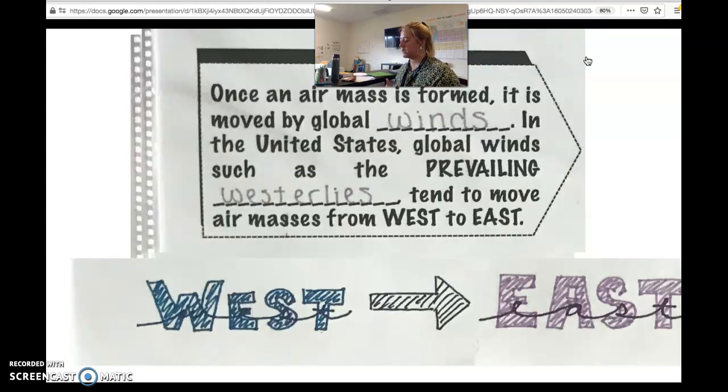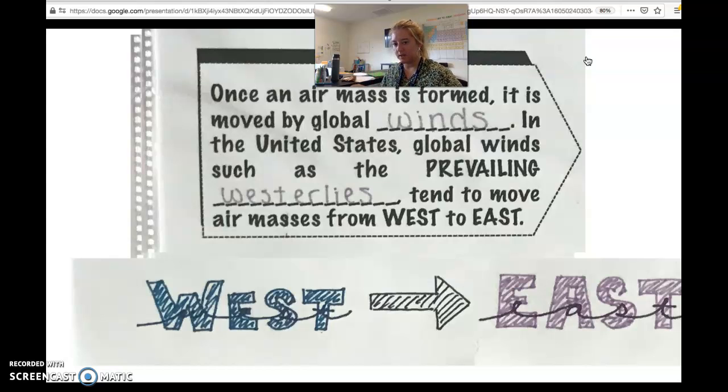If we were up in latitude, we would be in the easterlies and it would be going east to west. But alas, we are in the westerly section for the wind. When we talk about wind in a couple days, you'll understand a little bit better, but our winds generally move from west to east.